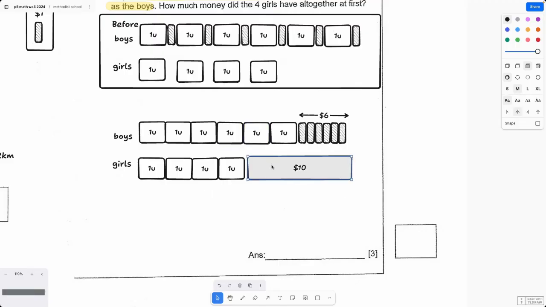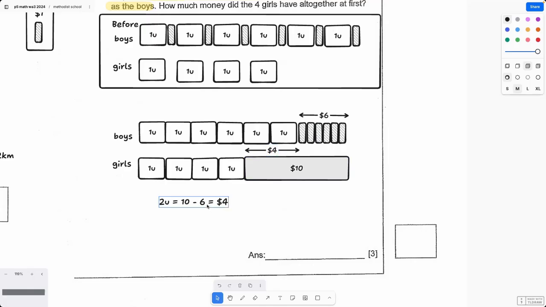From here, are you able to solve this? You can. So what you can do is put in here 2 units is equal to 10 minus 6, equal to $4. Why is it like this? Because these 2 units over here, we just minus $6 from $10, we get $4.